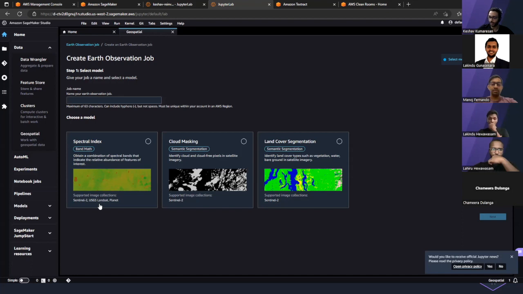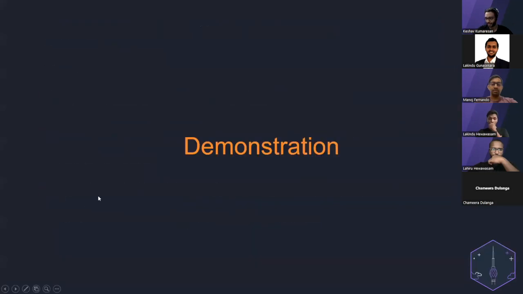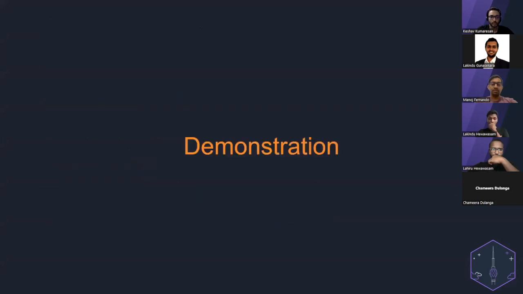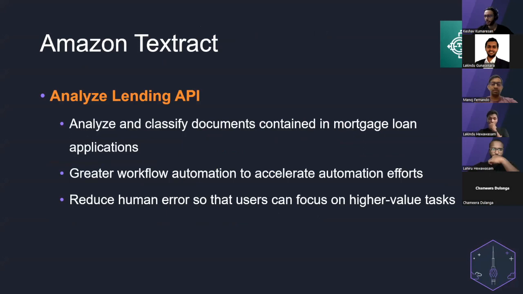So Amazon just went ahead and did it for us. They made it easy for us. That's another addition I wanted to show because it adds a lot of value for these geospatial machine learning problems. So yeah, those were the first two things.